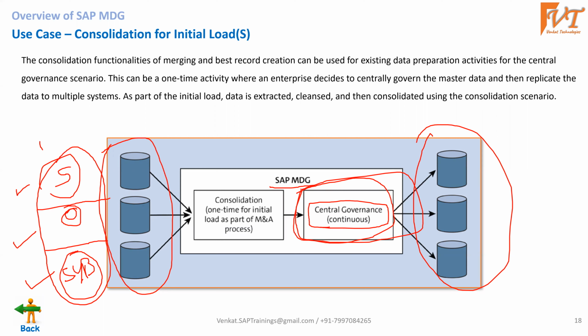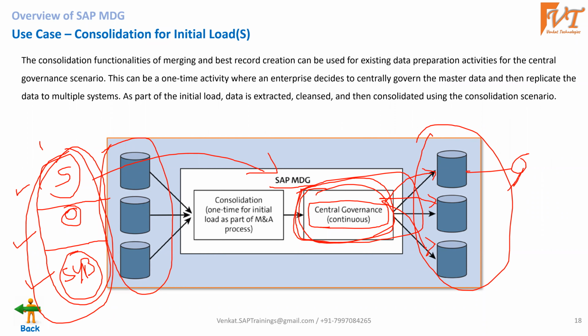So as a first step, we'll be loading all the master data from the source systems, the legacy systems, to MDG. Then here we will govern all the master data loaded and then we'll send it back to the legacy systems so that they will continue their transactions.